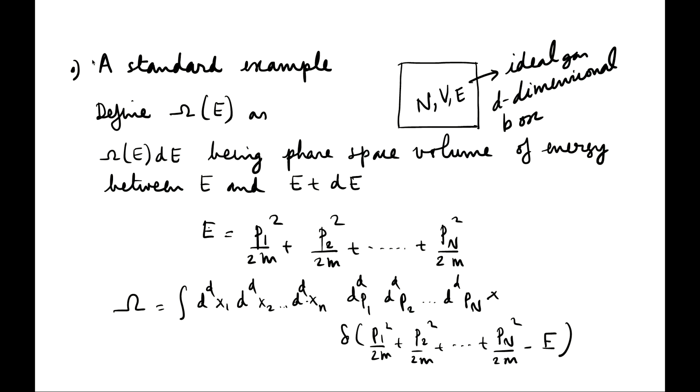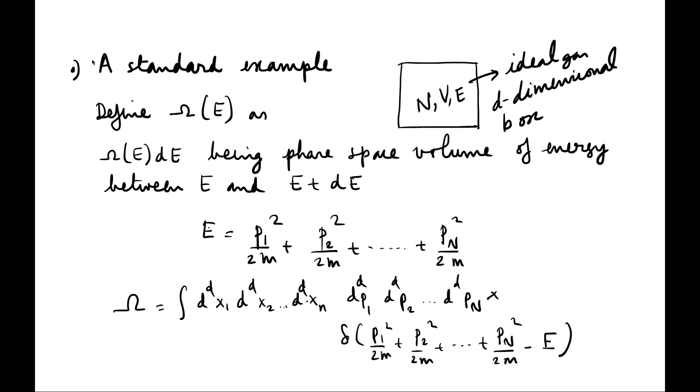Okay. So let us do some examples to see how this rule works. First, a standard example: you have a box in which there are N particles, V is fixed, energy is fixed. Let us say an ideal gas, and I will do it in d dimensions, a d-dimensional ideal gas. So now we want to know the number of these states.